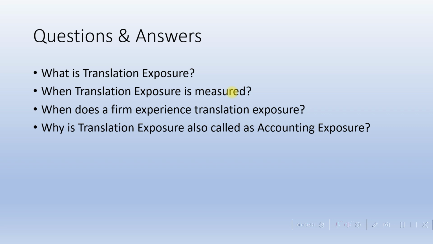Due to such translations, the gains or losses may be reversed in future accounting periods, but do not represent realized cash flow unless the group is liquidated in whole or in part, or the assets and liabilities of the group are settled in the long term. So that is when translation exposure is measured.